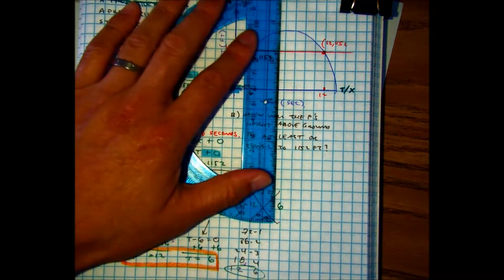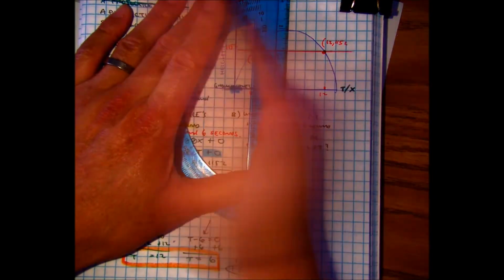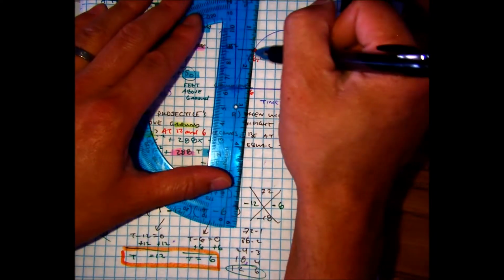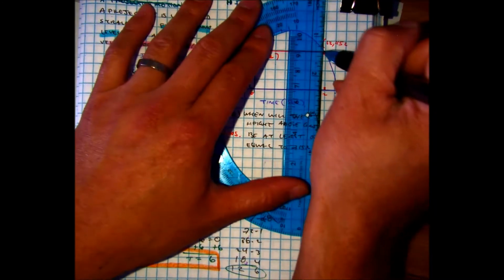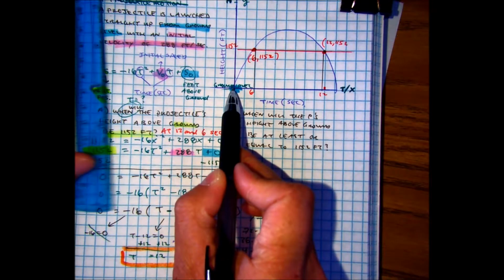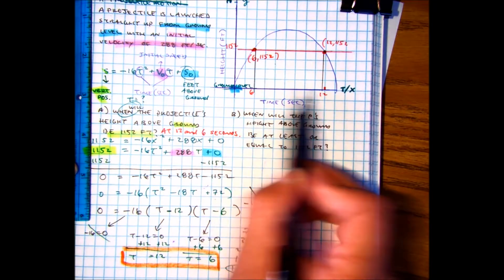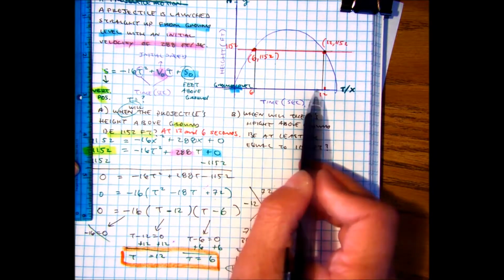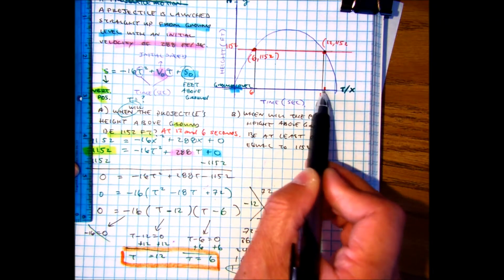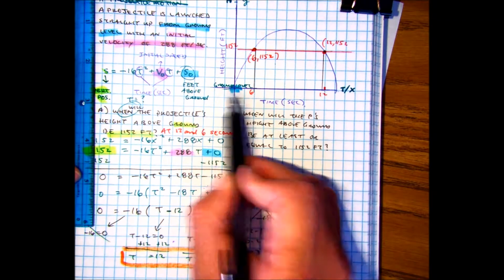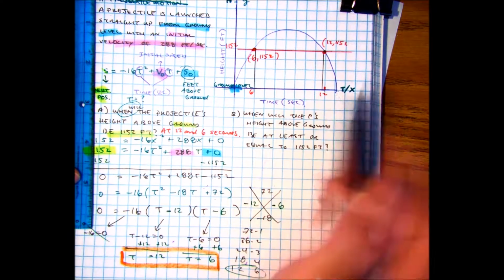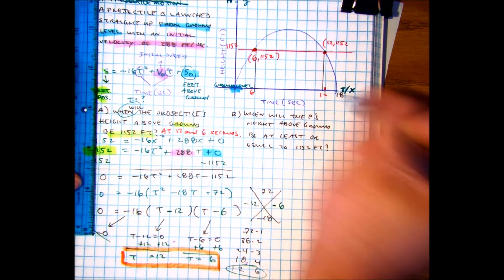Remember, it should be symmetrical, meaning you should be able to fold the parabola in half. From the origin, 0 to 6 is 6 seconds. This is also 6 seconds. That'll also be 6. Does that make sense? So that would be t equals 18 if you needed that time.